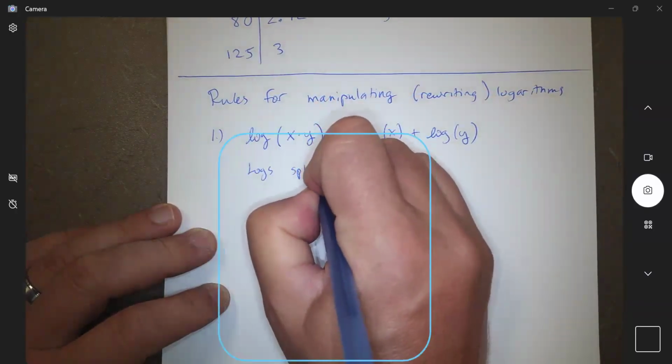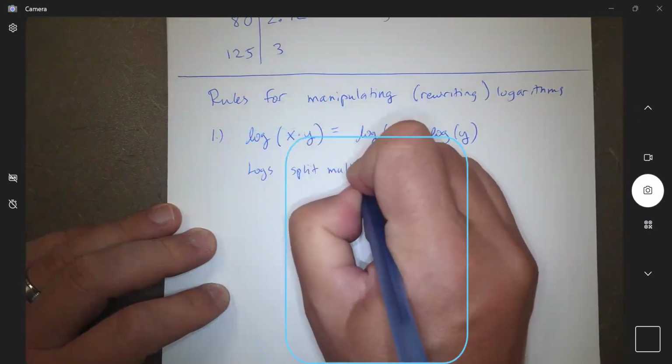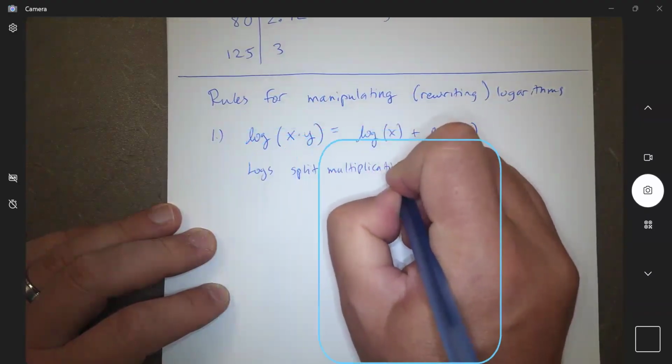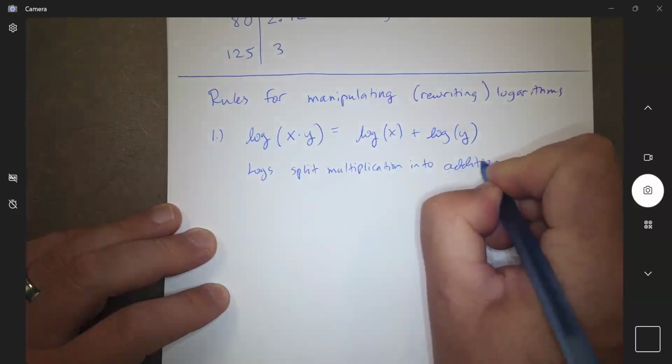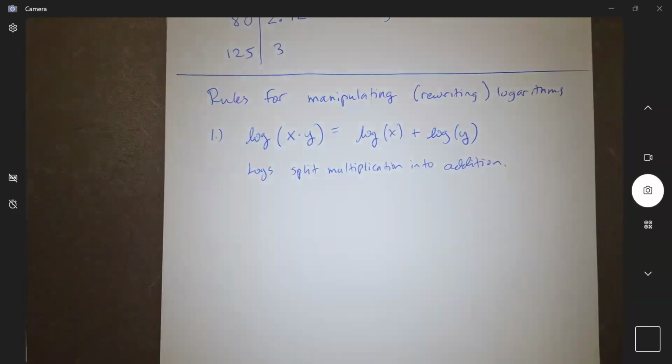Logs split multiplication into addition. That's the first rule. That's actually also something that's super useful about logarithms, because addition is a simpler mathematical operation than multiplication.